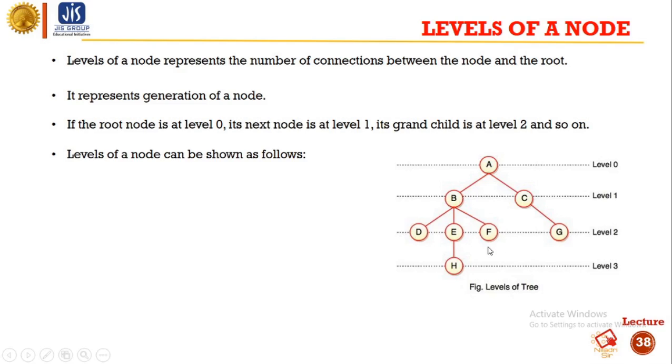Any child of a level 2 element is at level 3. So the root is at level 0, the children of level 0 are at level 1, the children of level 1 are at level 2, and the children of the elements at level 2 are at level 3.